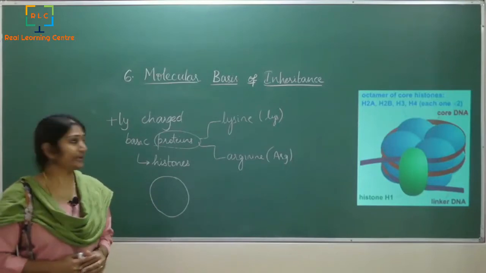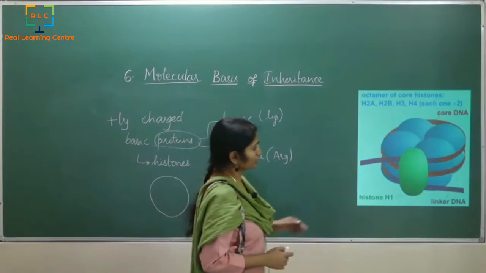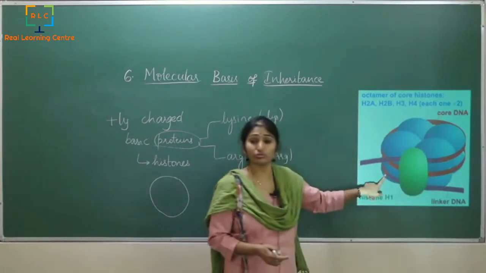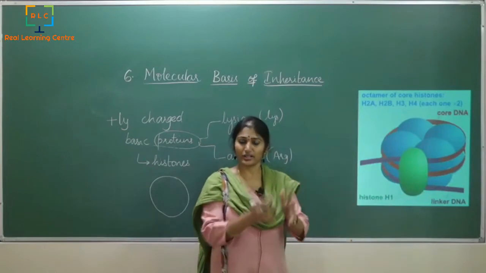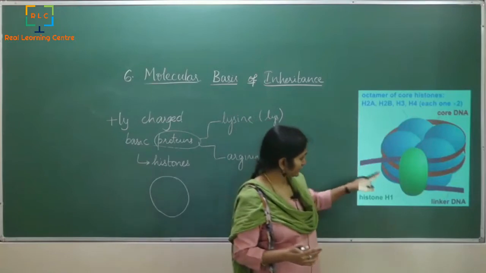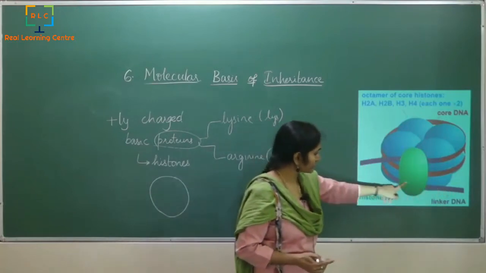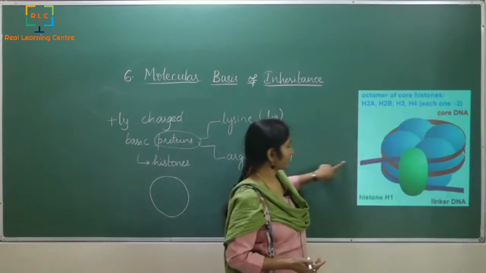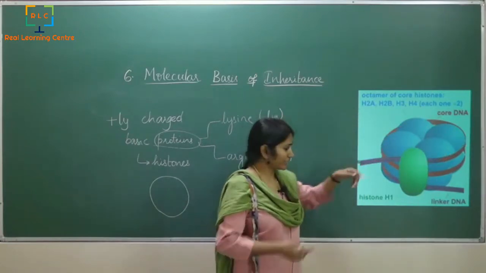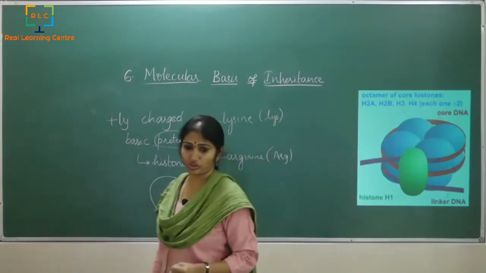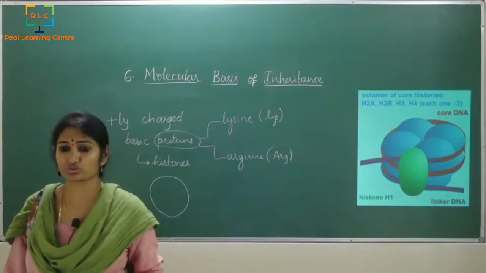Okay, so all the 8 of them, 1 2 3 4, and then at the base another 4, are joined together. The negatively charged DNA comes in from one side, goes one round, comes out here, and gets wound around the histone. Okay, it goes around the histone.